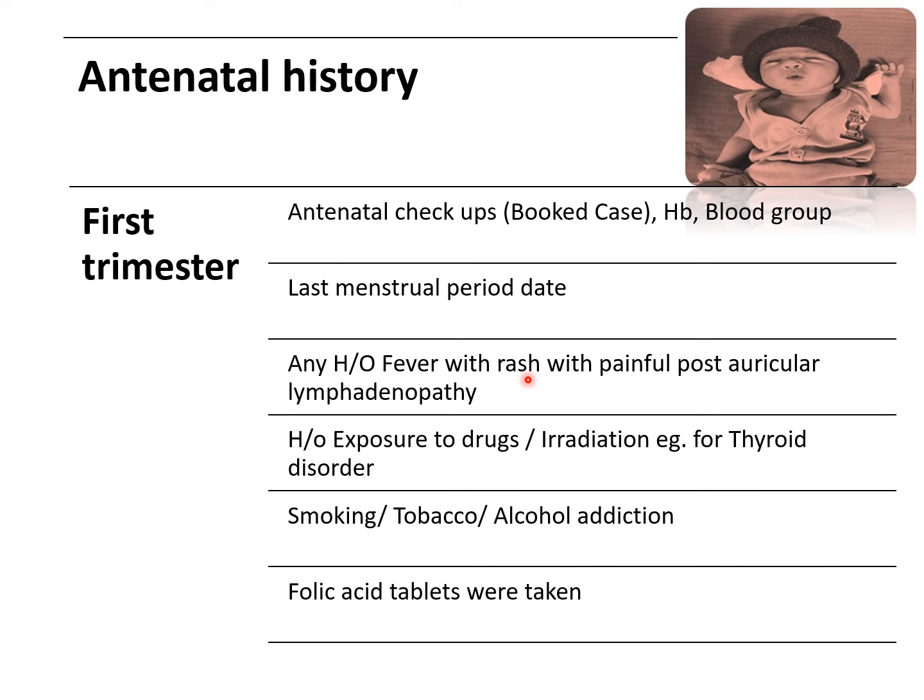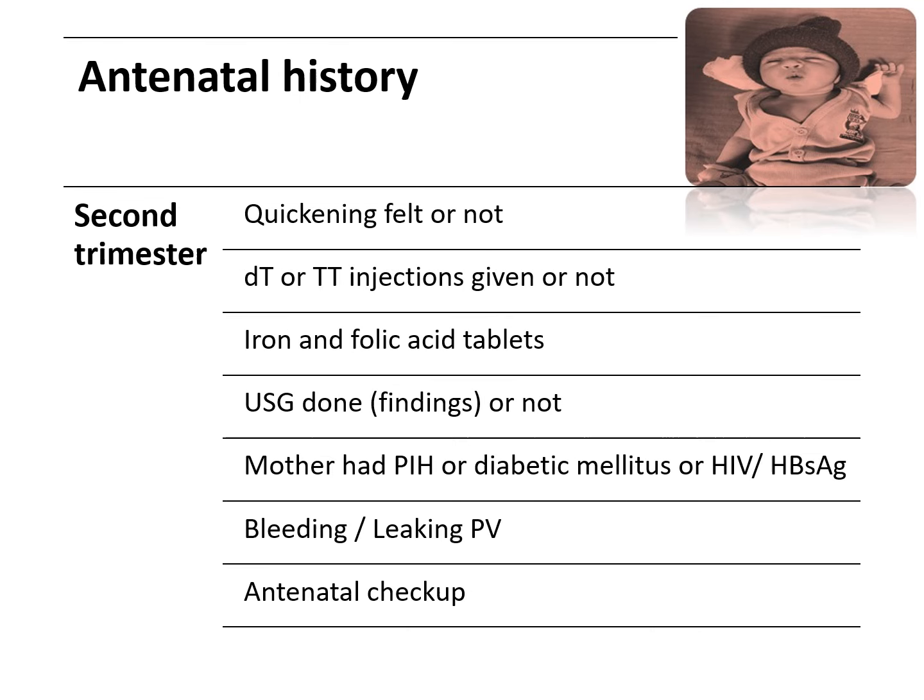So if baby is having the IUGR with hepatosplenomegaly, then we have to ask this history. It is occurred in the first trimester or not. Then about the exposure to drugs, radiation, any addiction or about the folic acid supplements.